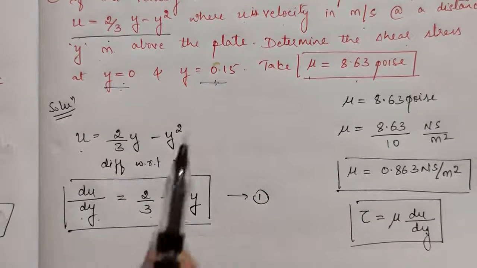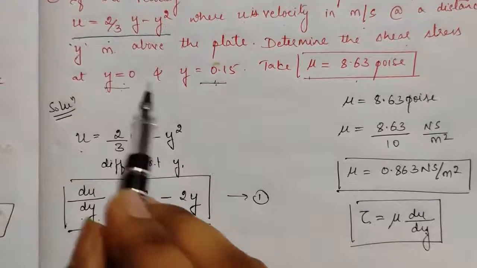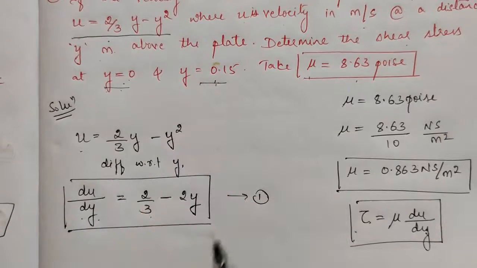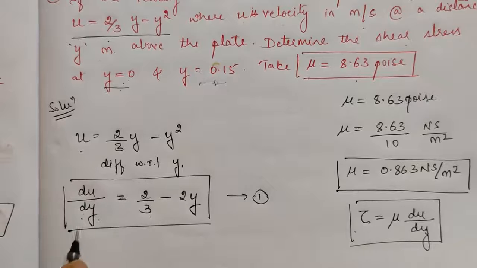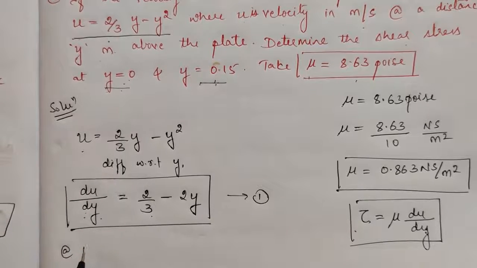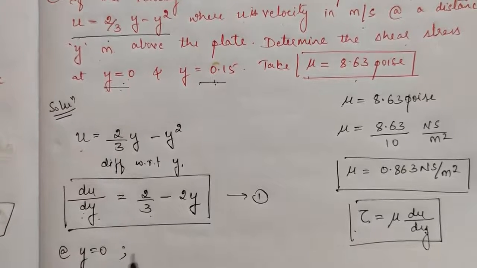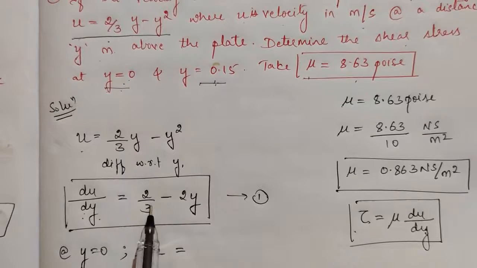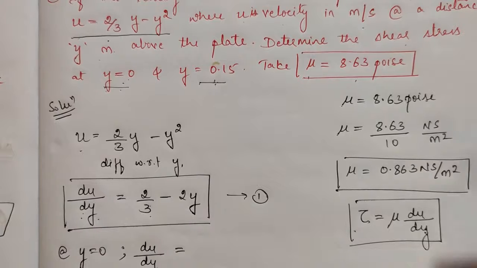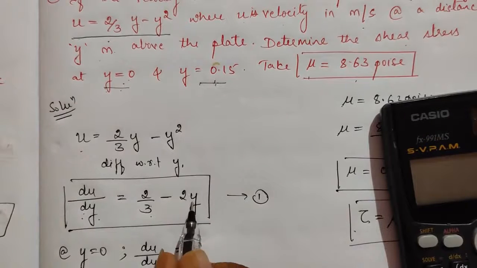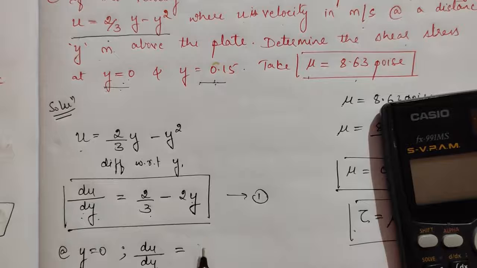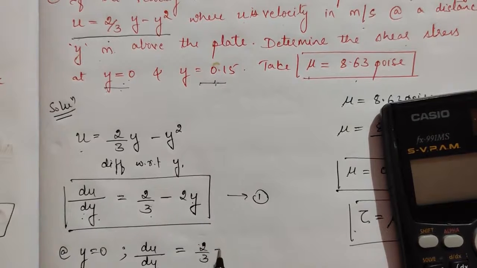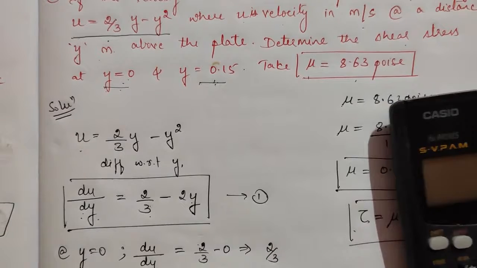So first, at y is equal to 0, du by dy is equal to 2 by 3 minus 0, since this term will be 0. So it will be 2 by 3.